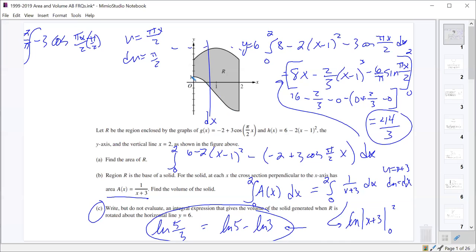That lower function has a height of y at any x value that we go across, and so the difference should be 6 minus y. So our outer radius will be 6 minus g of x, and our inner radius will be 6 minus h of x.